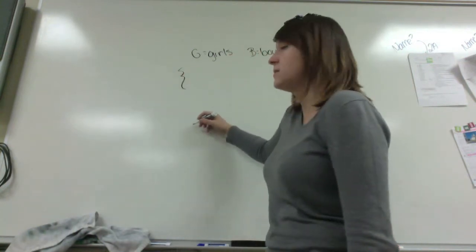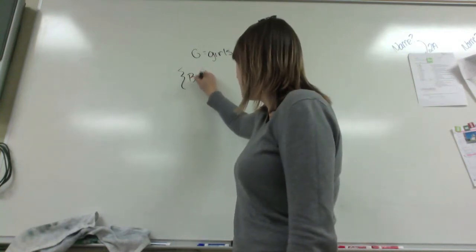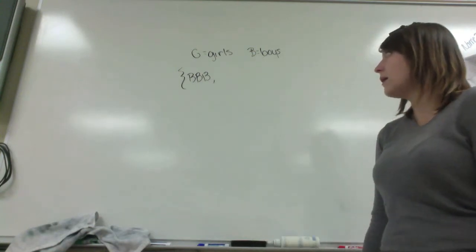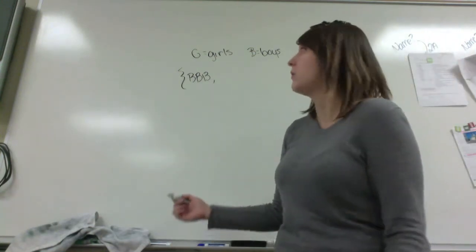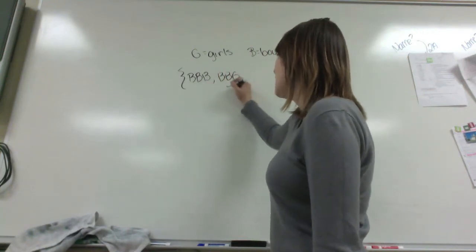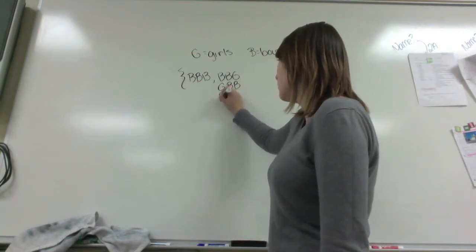In my sample space, I could have 3 boys, so that would be B, B, B. I could have 2 boys and 1 girl. I could have the 2 boys first, I could have the girl first, or I could have the girl in the middle.